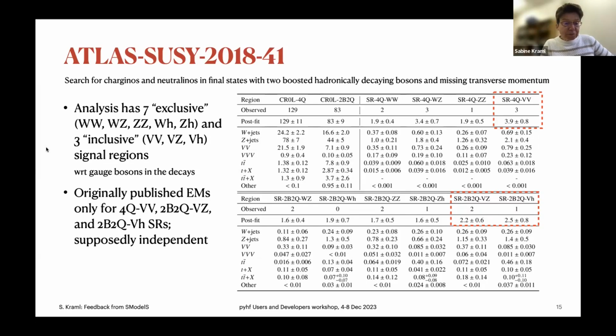They also consider 3 what we call inclusive signal regions: VV, where V can be a W or Z boson, VZ, and VH.